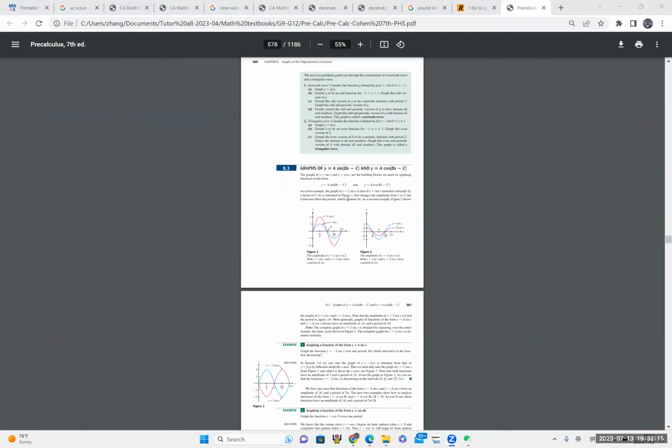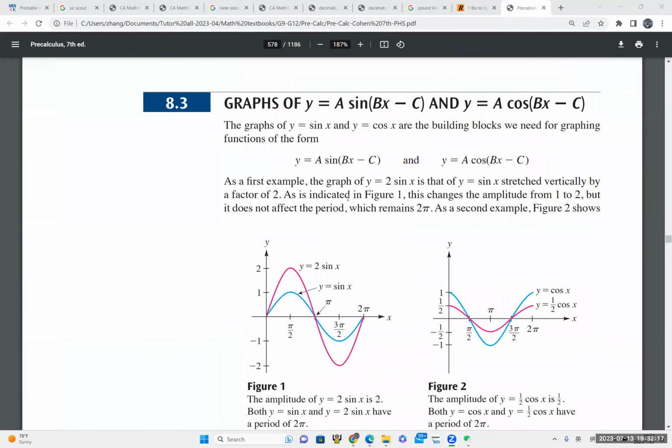Now let's quickly go through this section. For trigonometric functions, of course, there is something like a period, right? When x is replaced by b of x, then the period also changes. The reason is, for sine and cosine, if the input adds 2 pi or a multiple of 2 pi, it has the same function value.